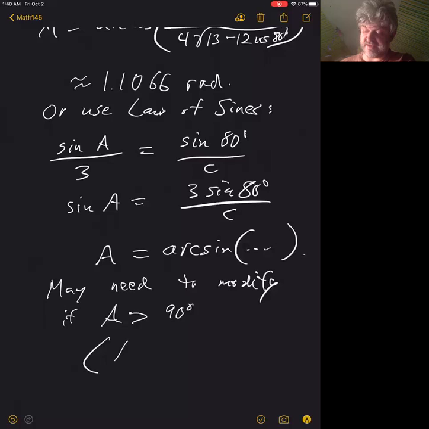So then A would actually be 180 degrees minus this arcsine thing. We're just lucky that in this example, this did not happen.